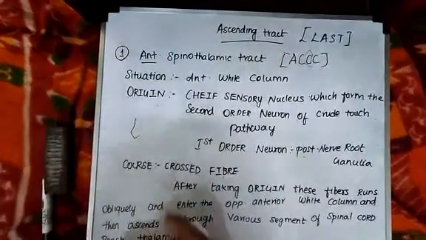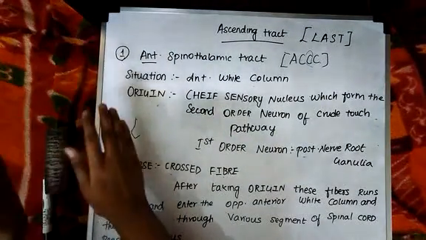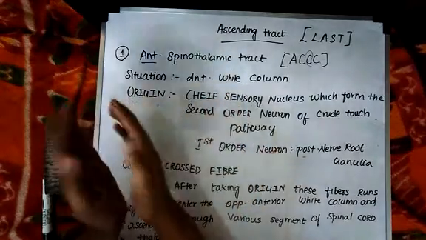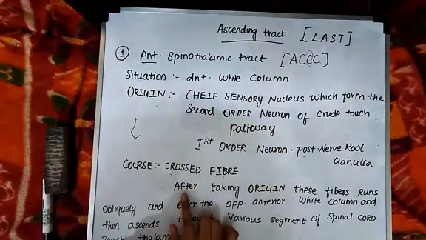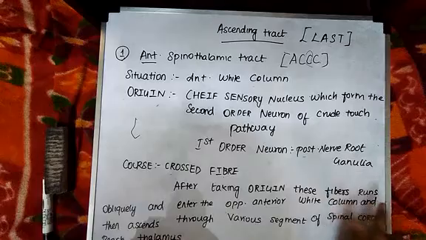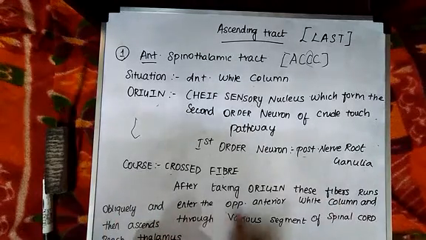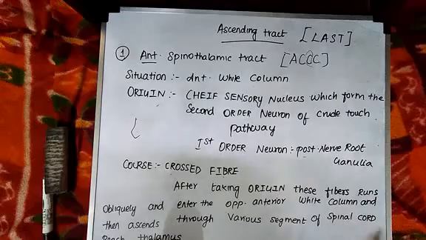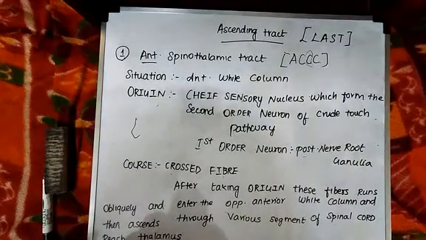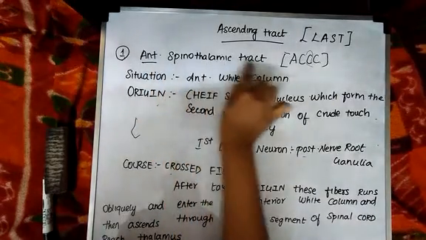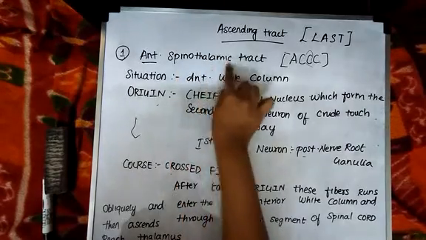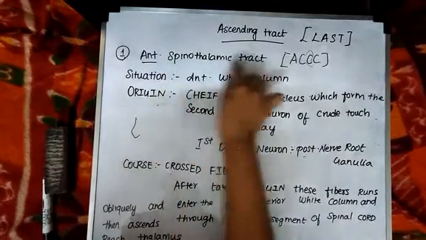After taking origin from one side, the fibers run obliquely and enter the opposite anterior white column. Then it ascends through various segments of the spinal cord to reach the thalamus. It is known as the spinothalamic tract because it originates from the spinal cord and ends in the thalamus. Hence the name spinothalamic tract.